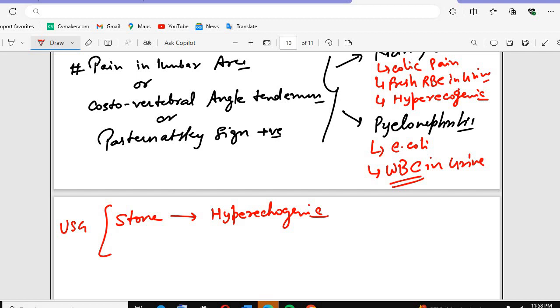And if we talk about cancer, the sound wave will be absorbed in case of cancers, and the cancer will look hypoechogenic.